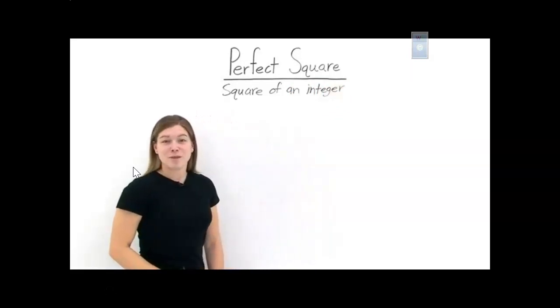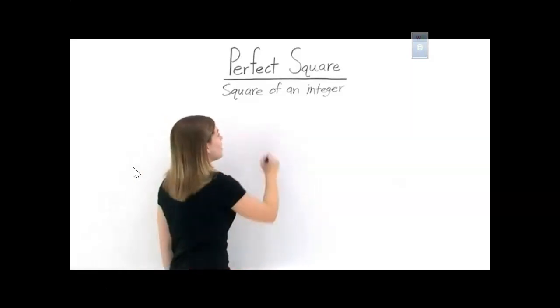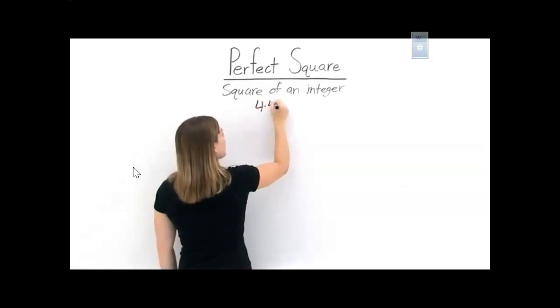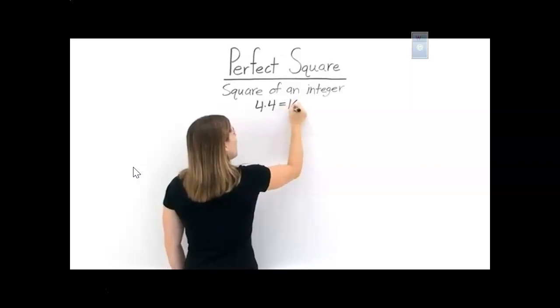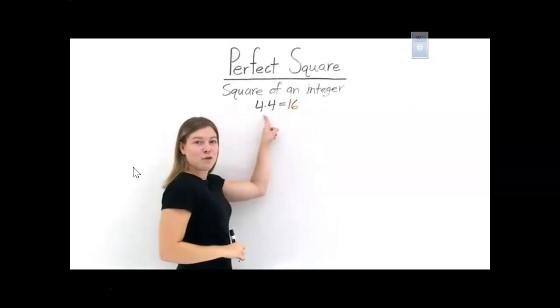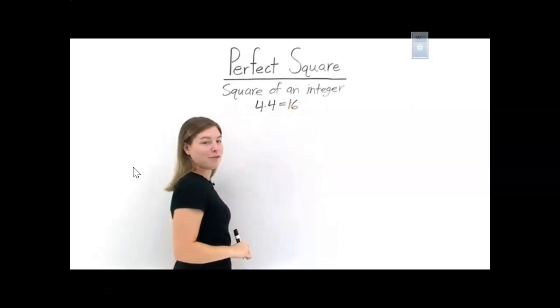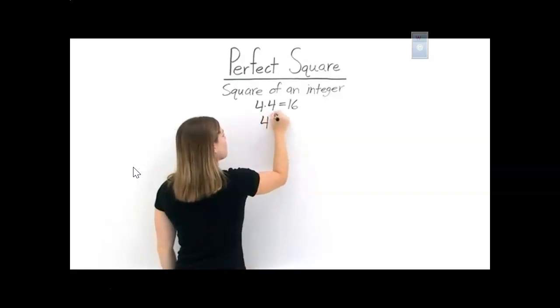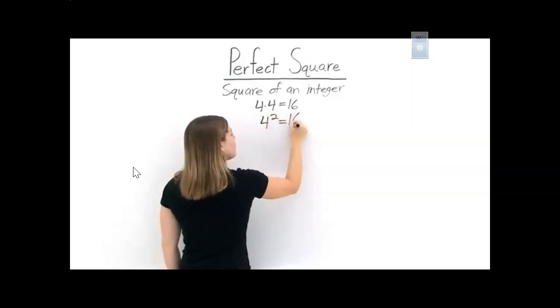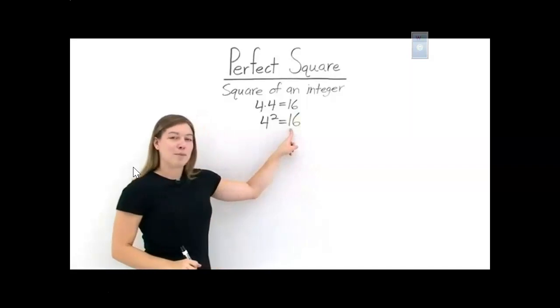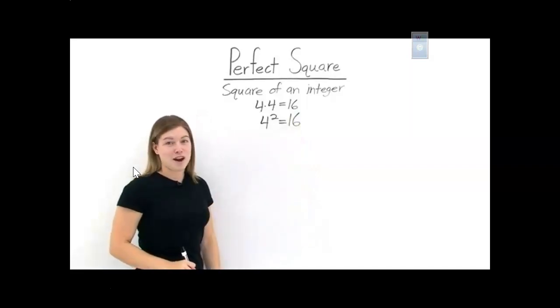Now let's take an example. 16. 16 is a perfect square because it can be broken down into 4 times 4. In other words, we take the integer 4 and multiply it by itself. Or we take 4 squared. When we take 4 squared, that resulting number of 16 is a perfect square.